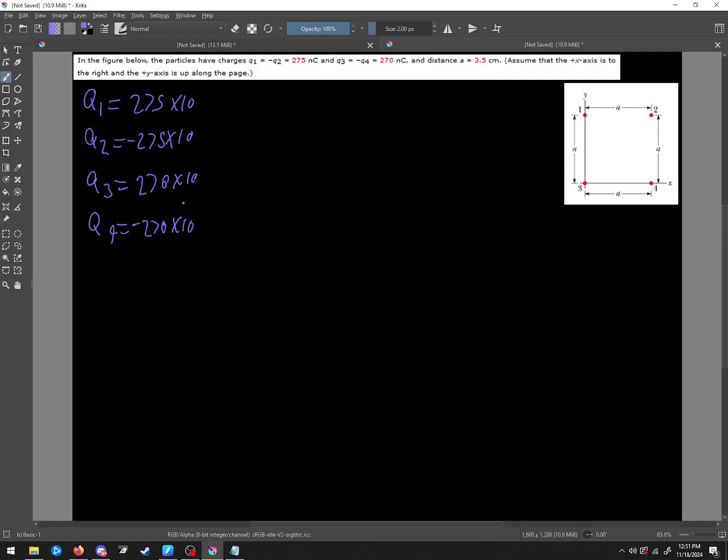And these are all times 10 to the negative... I think this is going to be negative 6. Could be negative 9th. It's micro. Yeah, it looks like it's 9th.